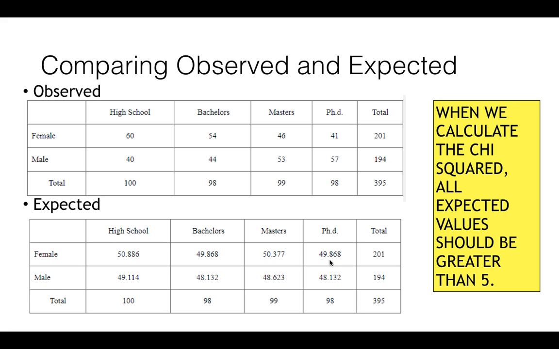And finally 49.868 for PhD females and 48.132 for PhD males. These are the expected values if they were evenly spread throughout the groups according to how many males and females we have and how many of each of these different educations we have.